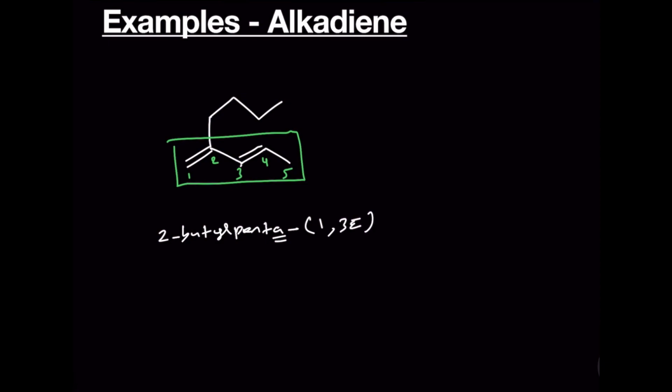Because you have a hydrogen here, you have a hydrogen there. So this gets the least priority, hydrogen gets the least priority, whereas the carbon gets the most priority as per the CIP rules. So your higher priorities are on the opposite side, and therefore this is a clear case of E isomer. So 1,3E diene. That's the correct IUPAC name for this molecule.